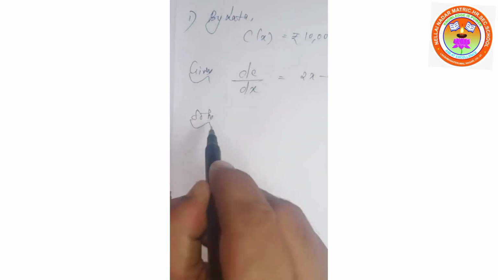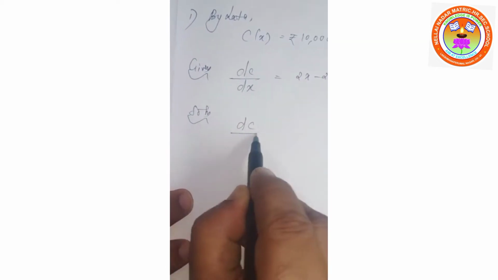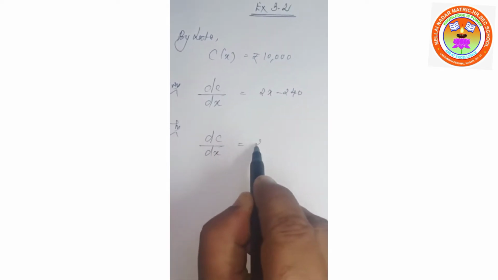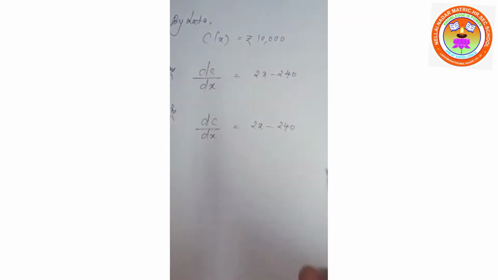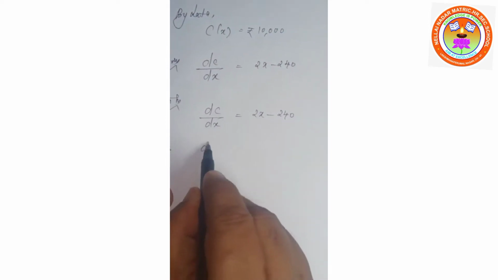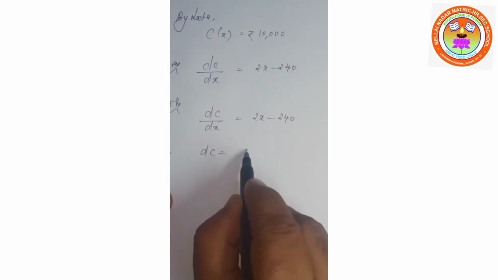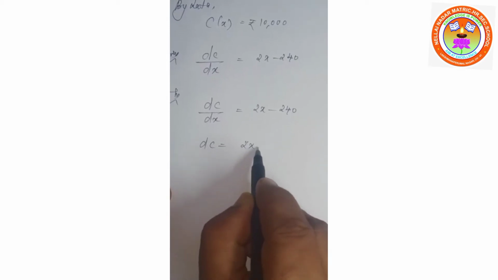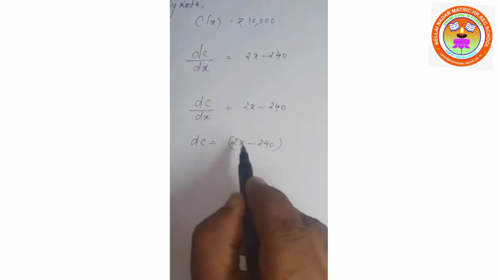Solution. You are given dC by dx equals 2x minus 240. Cross multiply, retaining dC on the left-hand side: dC equals 2x minus 240 into dx.